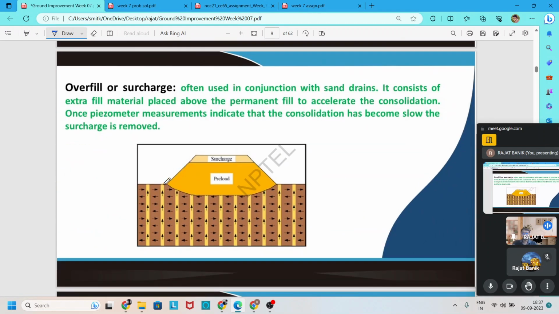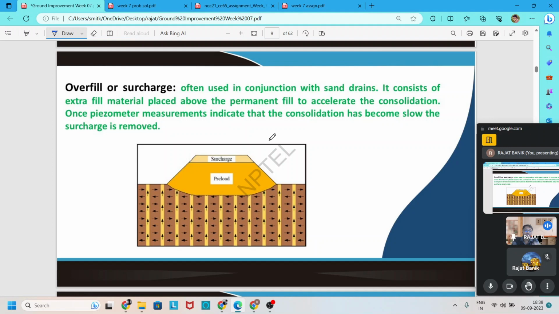Then in the next slide, we see some figures about the surcharge or overfill. Overfill we use when we need to increase our consolidation rate even further. That means we use some preloads to induce some consolidation in this soil.